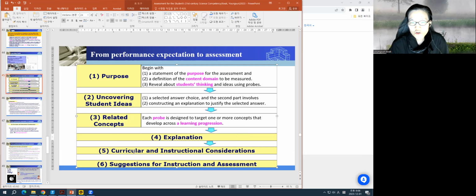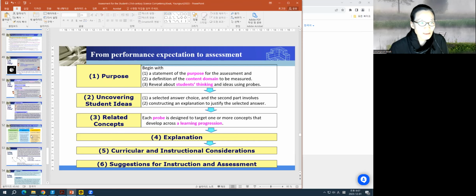You also need to consider curricula or your instructional characteristics. And based on your competency-based assessment, you need to find out how to improve your instruction as well.